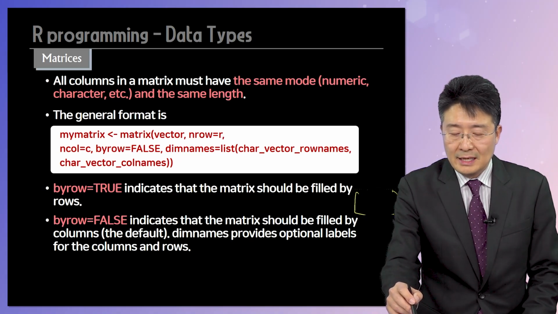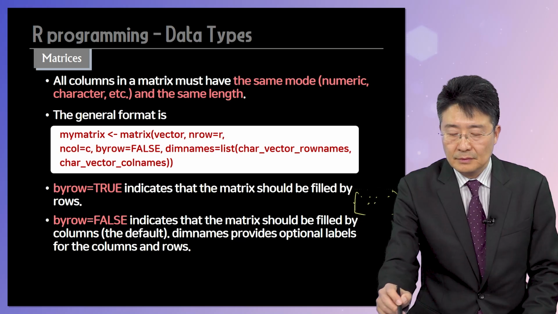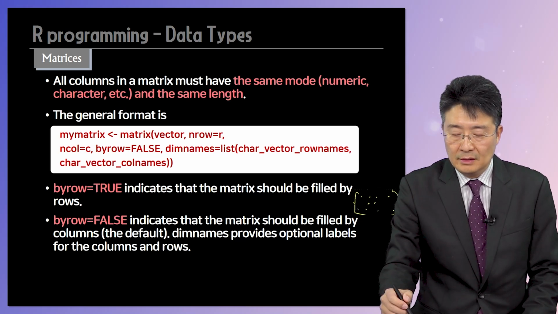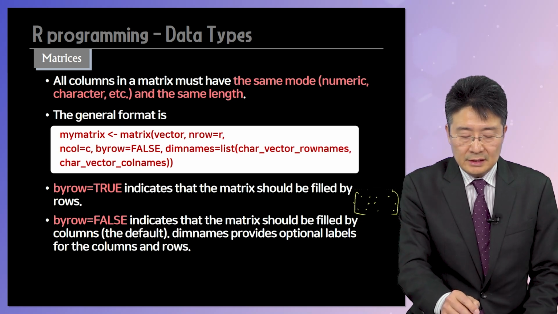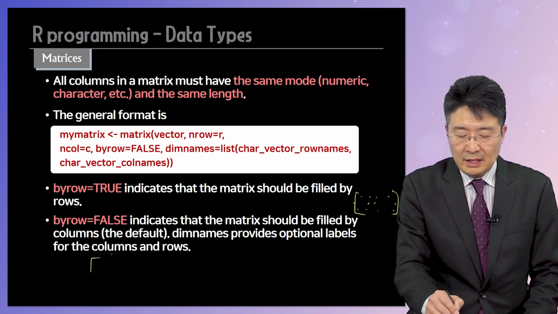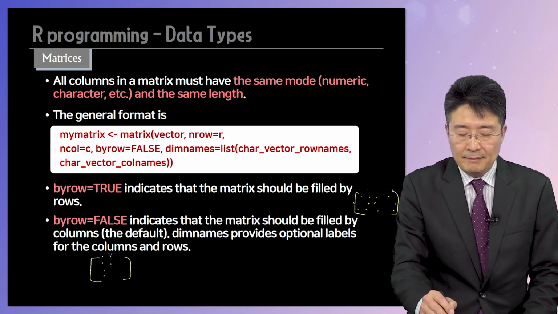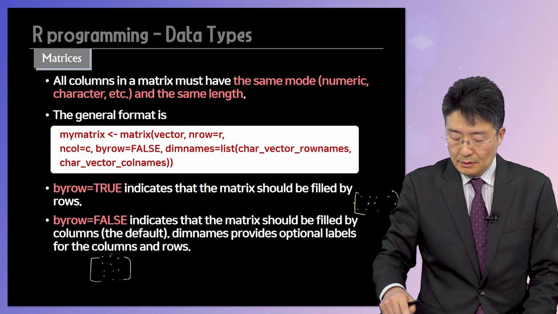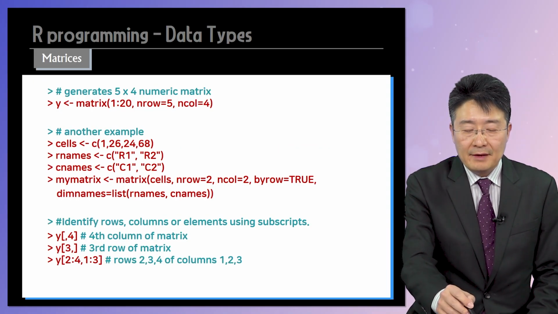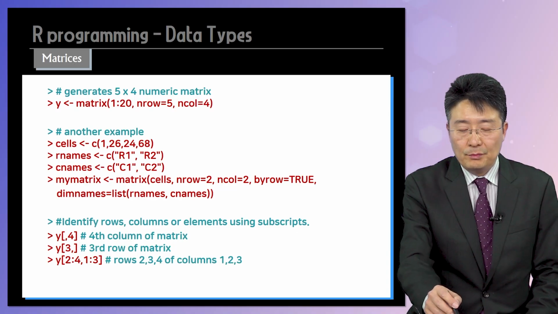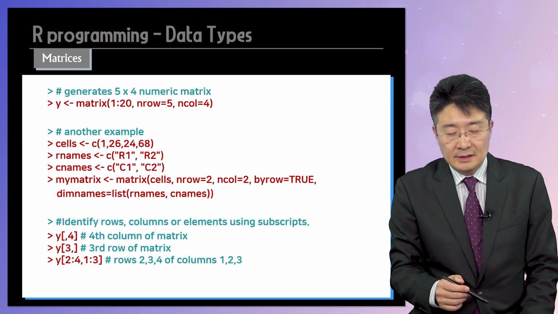Fill the numbers like that, or if we consider this option, we can fill the matrices like that, column by column. So we can generate a 5 by 4 numerical matrix.